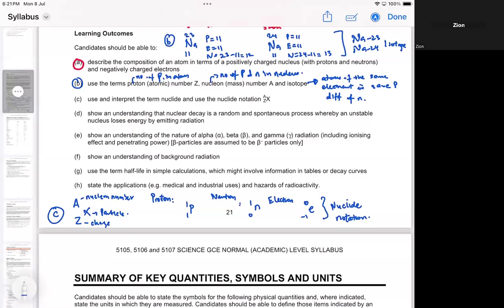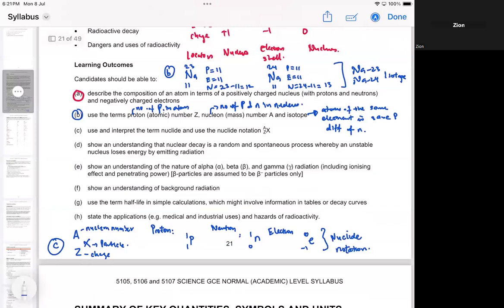And this is for radiation, technically. Whatever we wrote here, this is also considered nuclide notation. But for radiation, this is the one that we have.